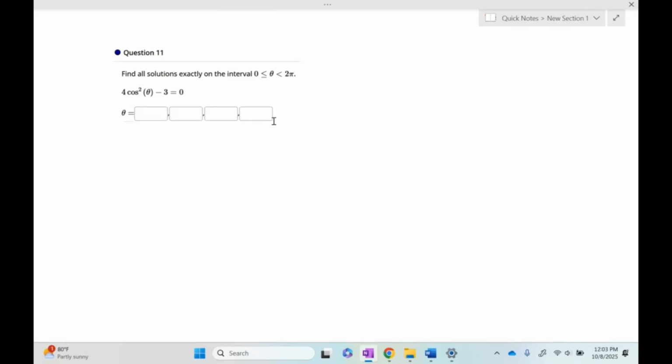So if it's a quadratic function, I could either try to factor out a greatest common factor, and I don't see any greatest common factors between the 4 cosine square and the -3. I could try to factor it, but normally when you factor something, you need 3 terms.